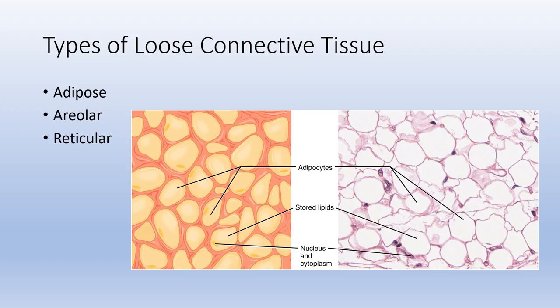Adipose tissue, which is what is shown here, is fat tissue. You can see all of this yellow in the schematic drawing, this white space on the actual picture from the slide, that is your fat. And the nucleus often gets pushed off over here towards the edge.